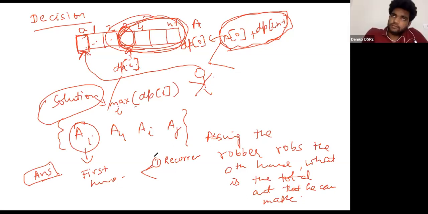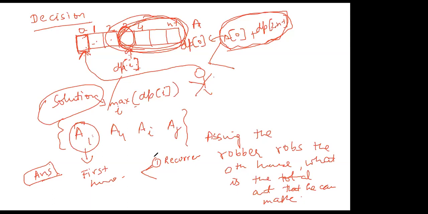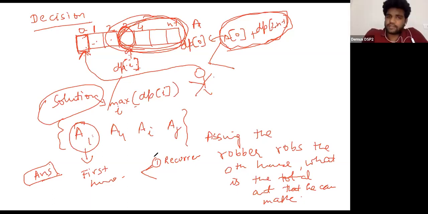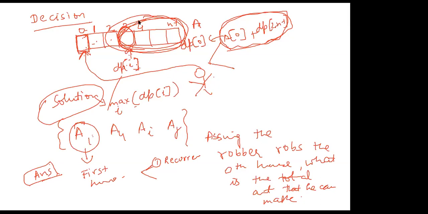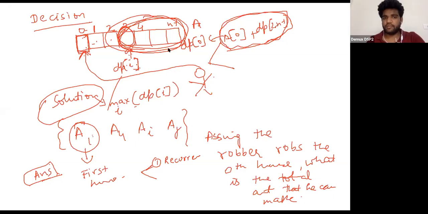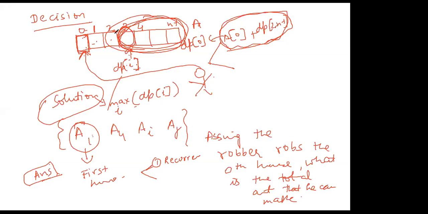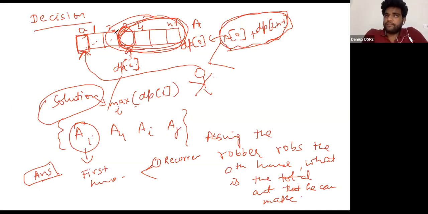Yes, yes. But then you're saying dp of I is the answer, but then we can also rob 1 or 0. That's what I'm saying. So it has to be the maximum across all I, maximum of all dpi. So 3 is the first house that he robs, I'm assuming that. Then it is basically dp of 3, right?